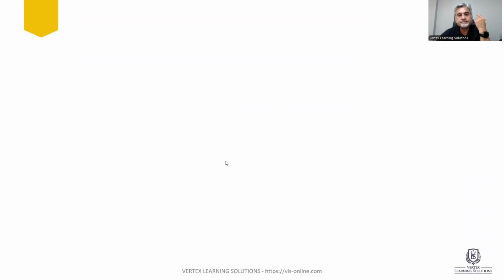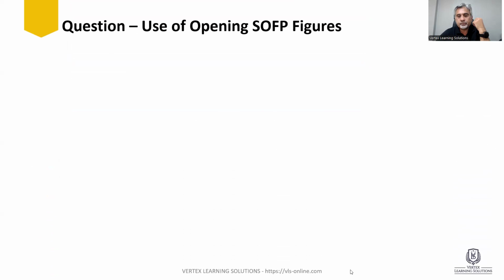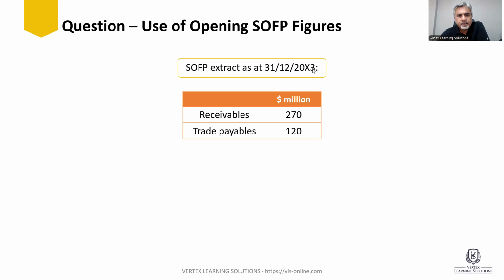For example, let's see one very typical example of such a question. It says that the statement of financial position extract at 31st December 2023, or you can call it 2013, whatever.